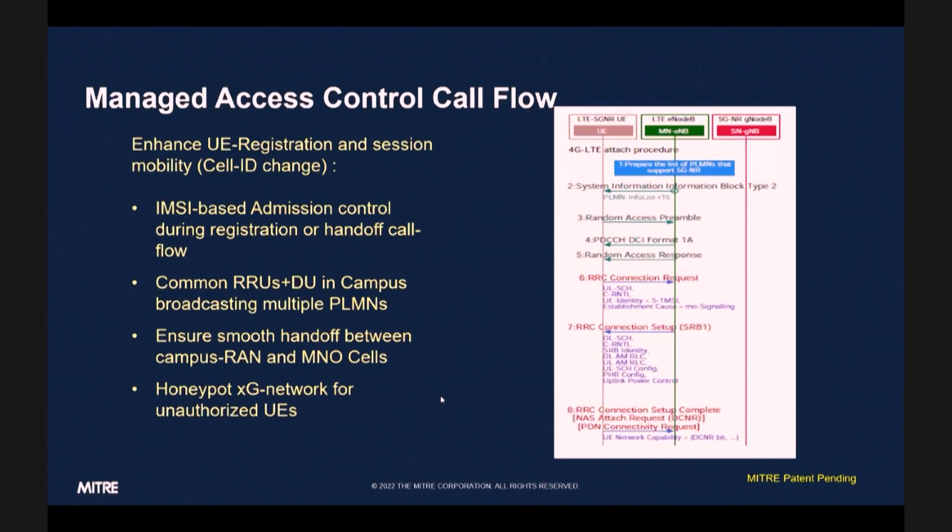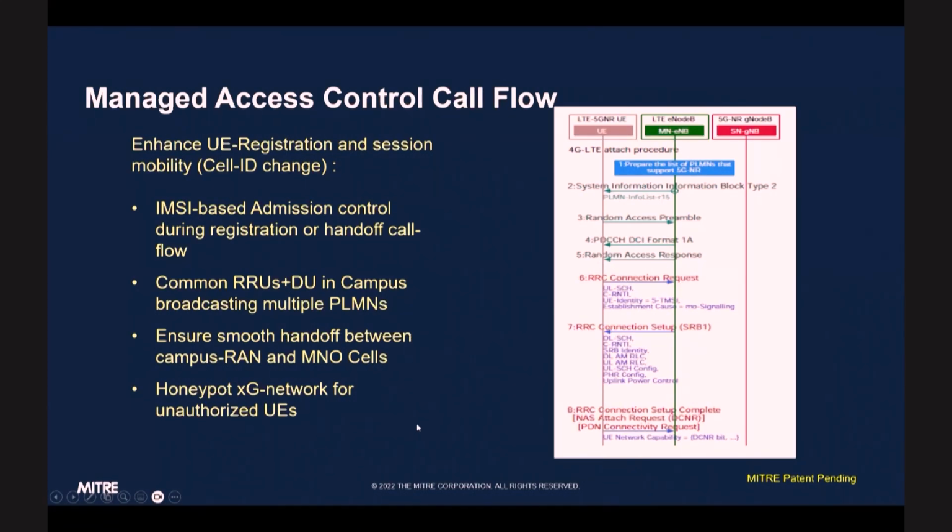In terms of the call flows, one of the important changes that 5G made, which is not part of 4G, is the use of an encrypted identifier for authentication, called SUCI, the subscriber unique encrypted identifier, instead of the unencrypted SUPI.